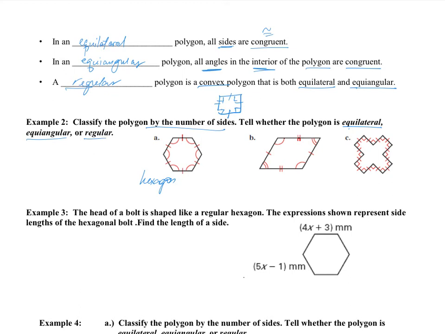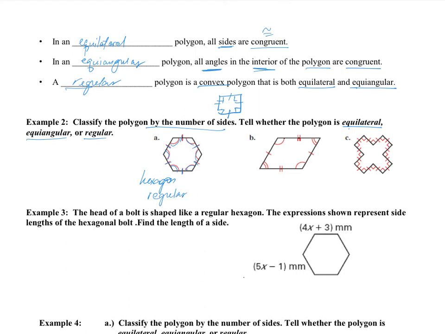If we look at the picture here, we have the little marks, which indicate that all sides are equal. And then the little arcs indicate that all the angles are equiangular. So we can say that this hexagon is regular.